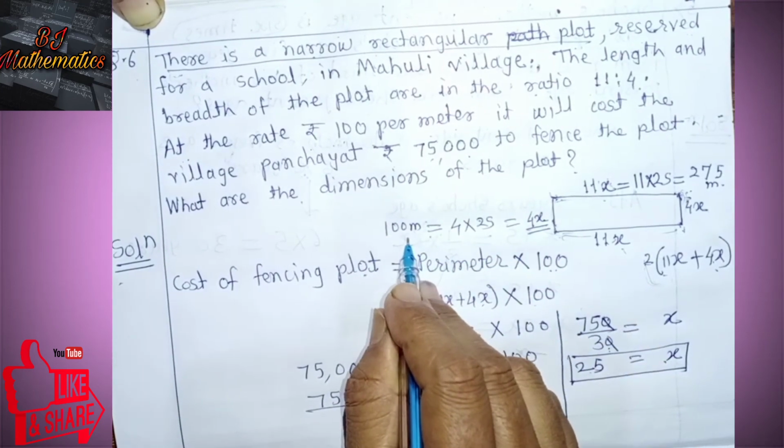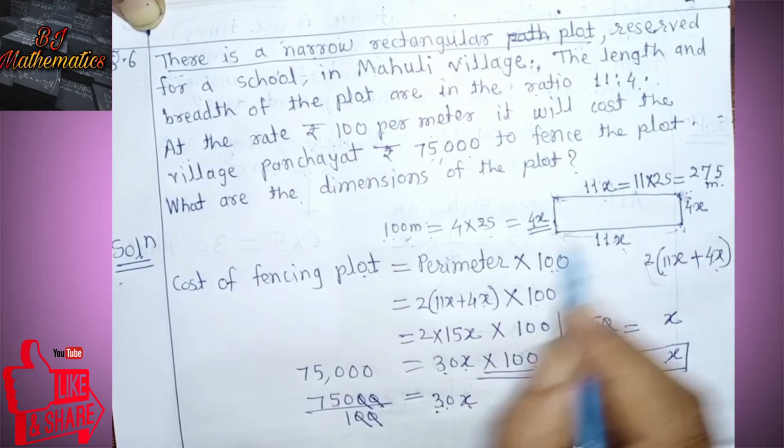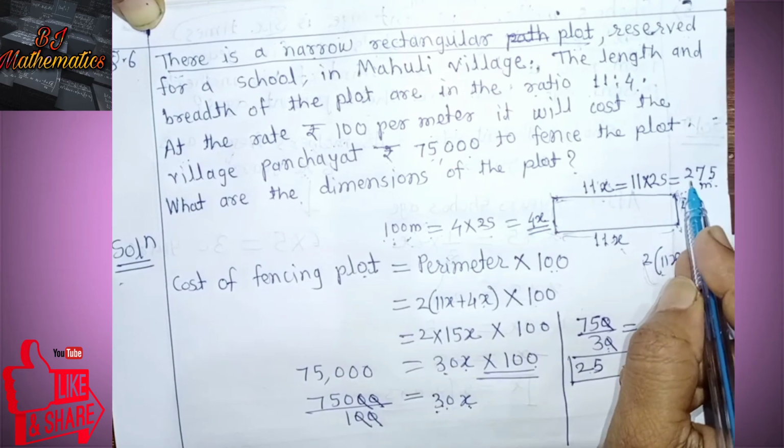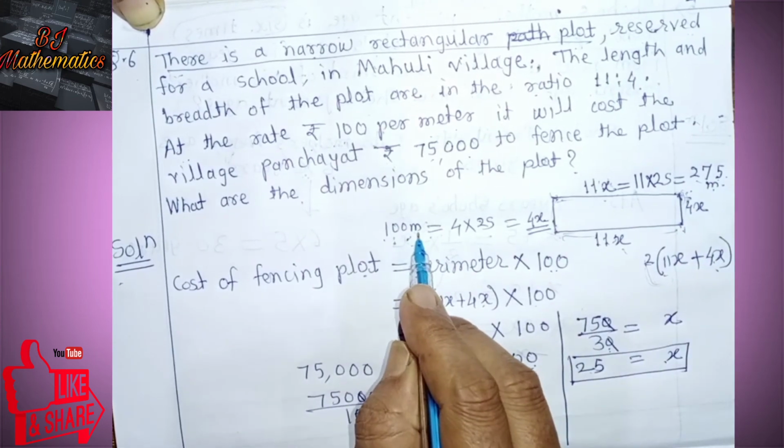These are the dimensions of the rectangular plot: 275 meter length and 100 meter breadth.